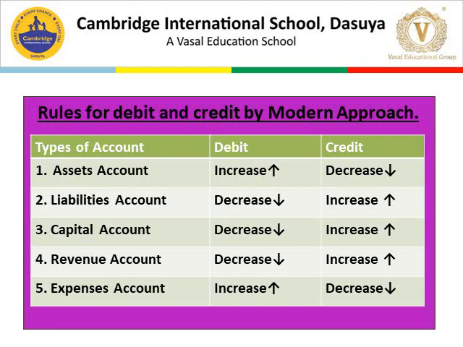Expenses. When there is an increase in expenses, it is debited, and when there is a decrease in expenses, it is credited. So in this way, the modern approach applies for debit and credit.